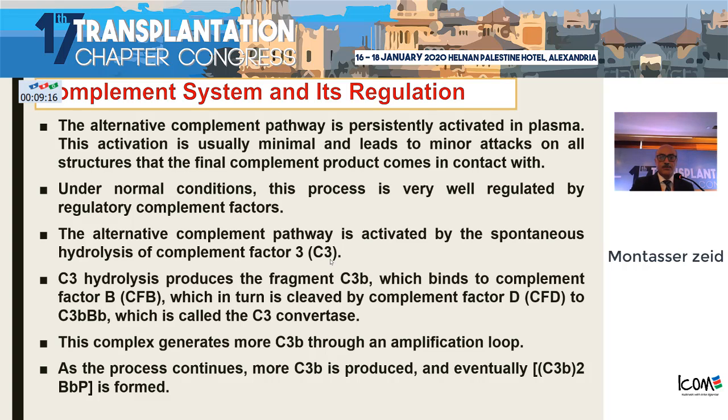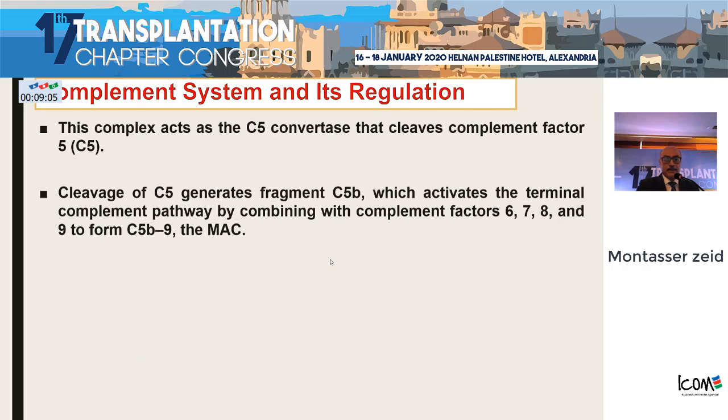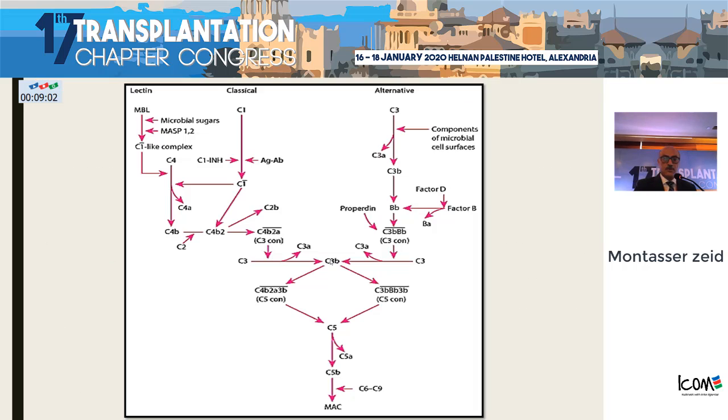Under normal conditions, this process is very well regulated by regulatory complement factors, and the alternative complement pathway is activated by spontaneous hydrolysis of complement factor 3, and the complement factor 3 after hydrolysis will be transformed into complement factor 3b, and this in conjunction with Bb, resulting from the action of complement factor D over complement factor B, results in C3bBb, which is complement 3 convertase.